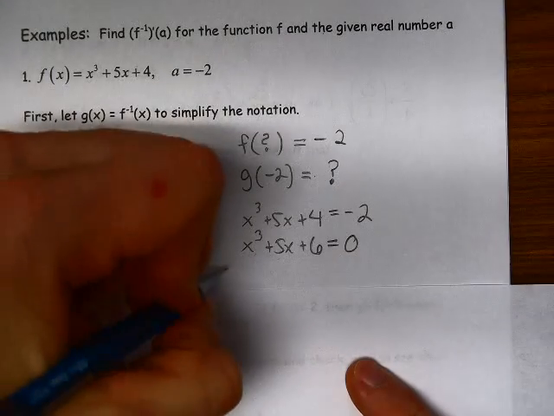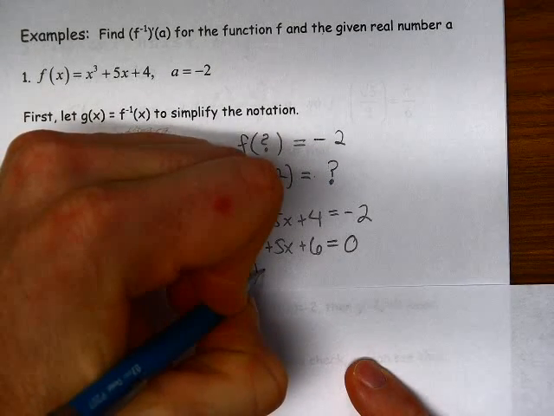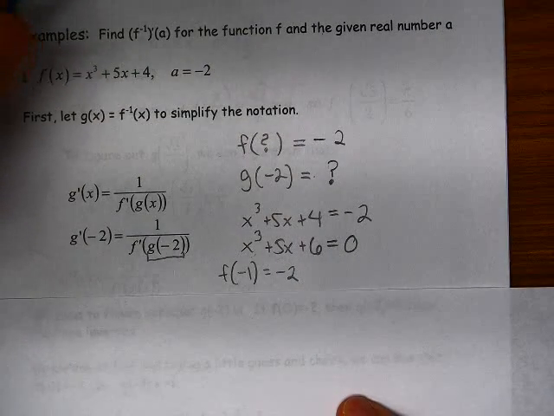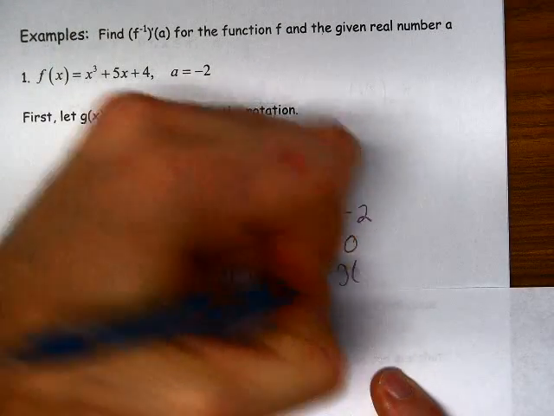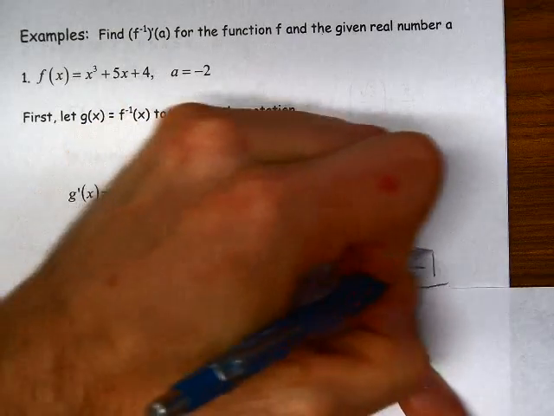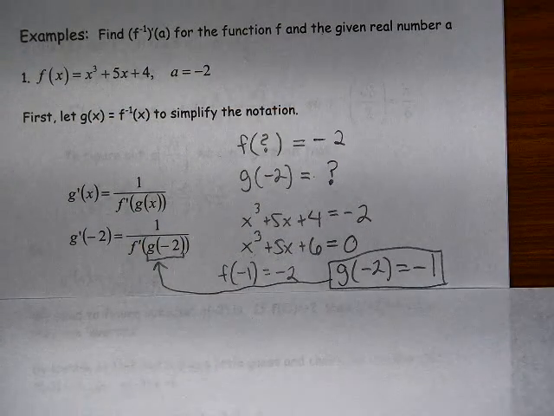All right. So what I figured out is that f of -1 is equal to -2. That means that g of -2 is equal to -1, and that's something that we need to put here.